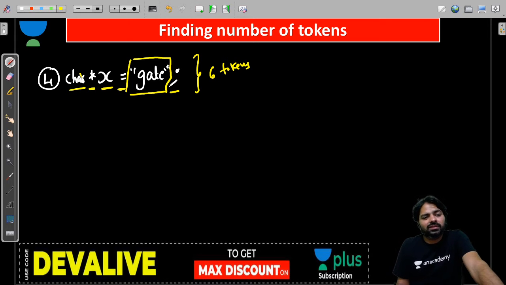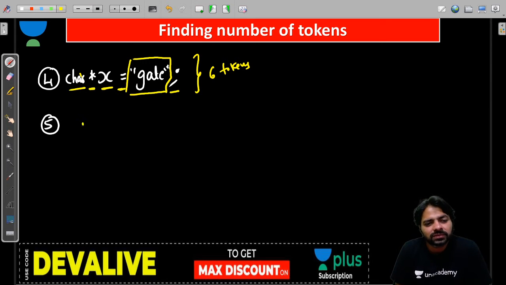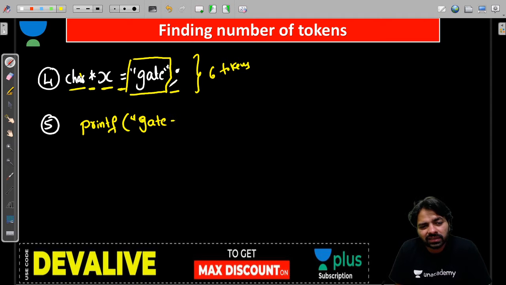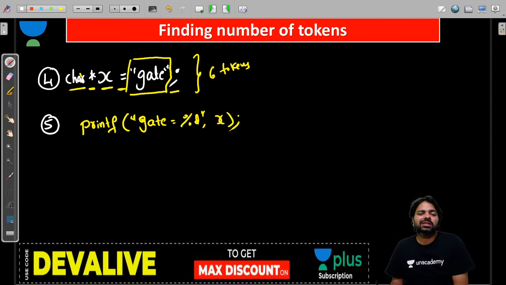Right? Fifth one. Printf gate is equal to %d comma x. How many tokens do you have?